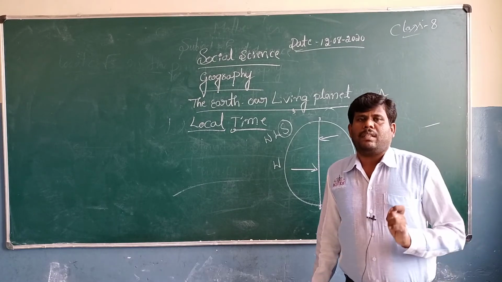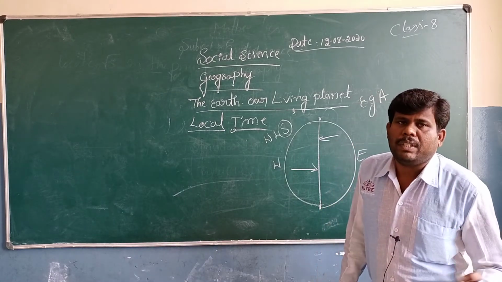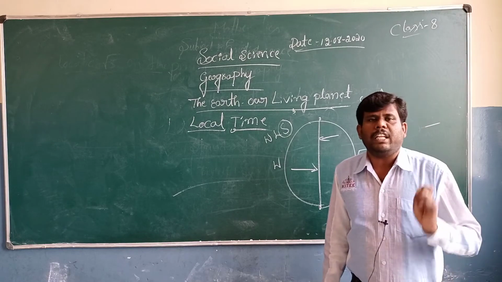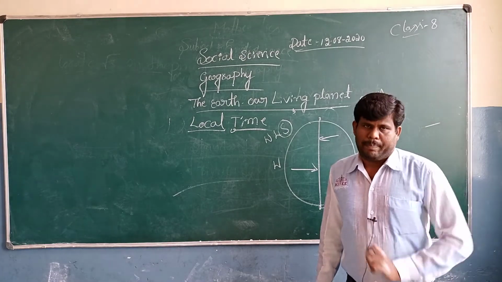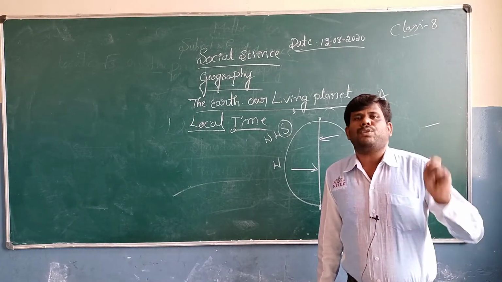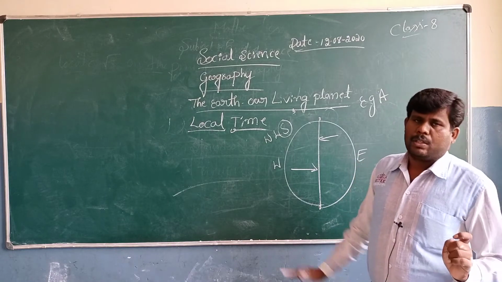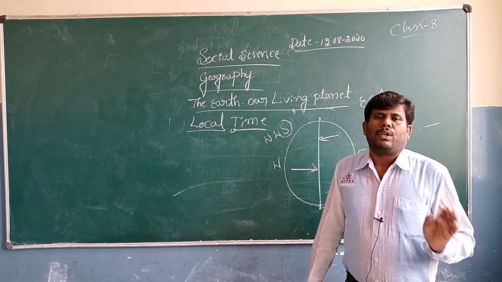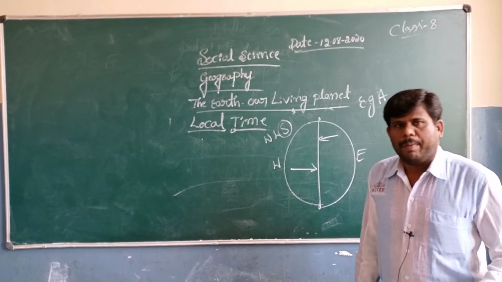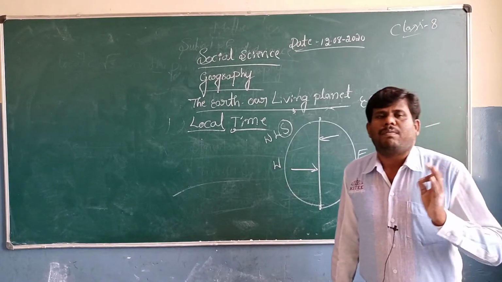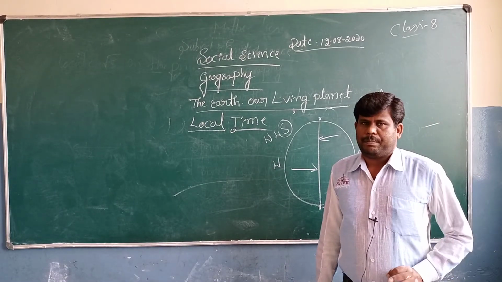This line is called the Greenwich prime meridian, with Greenwich Mean Time. To the east of the prime meridian is called the eastern hemisphere. To the west of the prime meridian is called the western hemisphere.